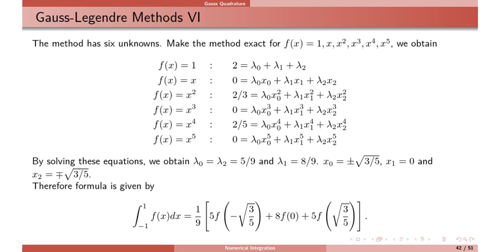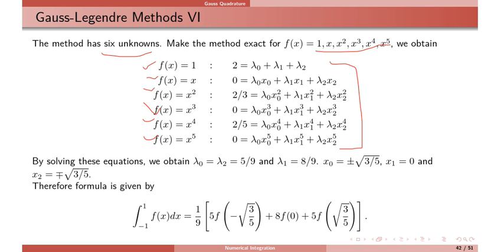So to find 6 unknowns, we need 6 equations. So just fit 6 values starting from 1, x, x square, x cube, x4 and x5. So we got the following 6 equations. Just fit f(x) equal to 1 on the left hand side and right hand side, then x, then x square, then x cube, then x4 and x5.